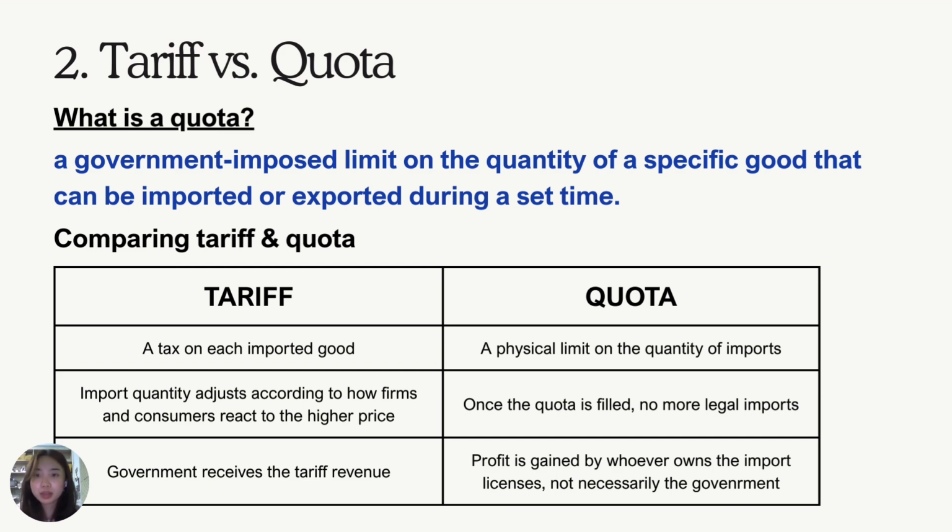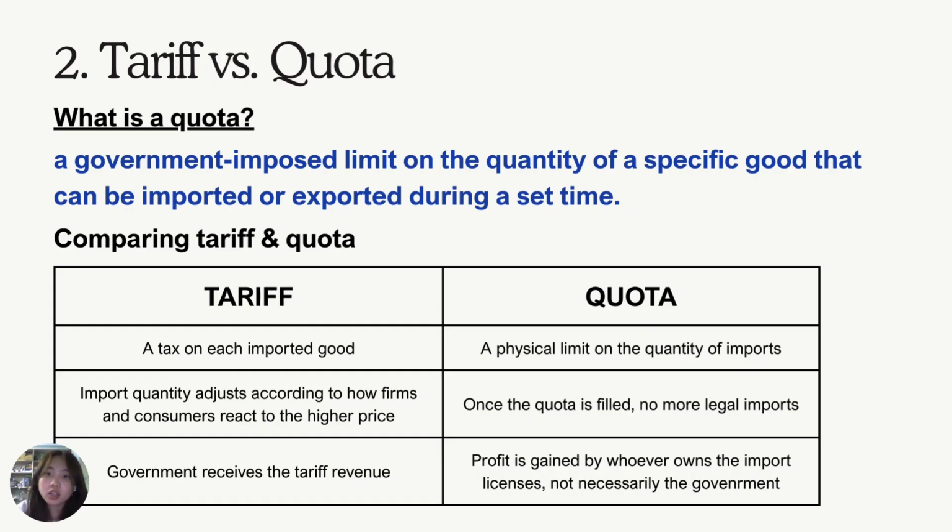Okay, next I'm going to compare the differences between tariffs and quotas. A quota is a government-imposed limit on the quantity of a specific good that can be imported or exported during a set amount of time. While a tariff is a tax on each imported good, a quota is a physical limit on the quantity of imports.